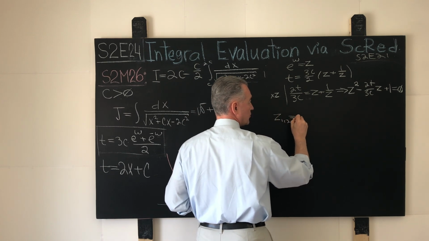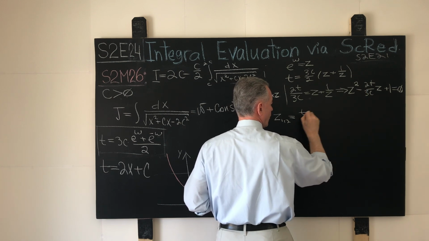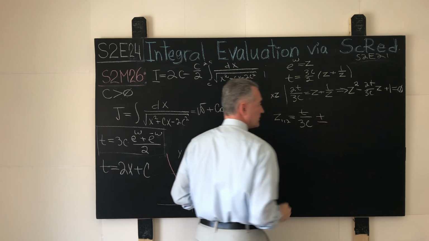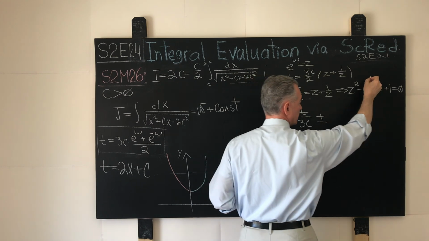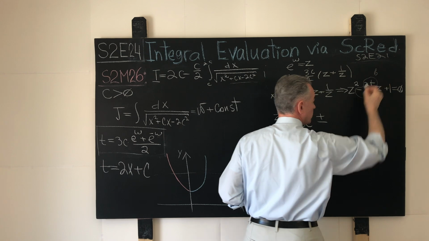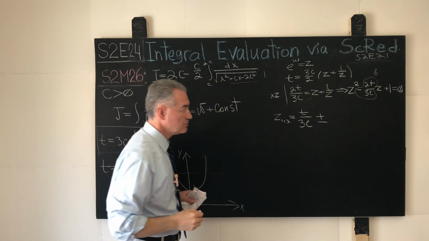z1,2 is equal to t over 3c plus minus, you understand where this came from, minus b. This guy right here is b. I do not want to throw too many symbols at you guys, but you understand what's going on.